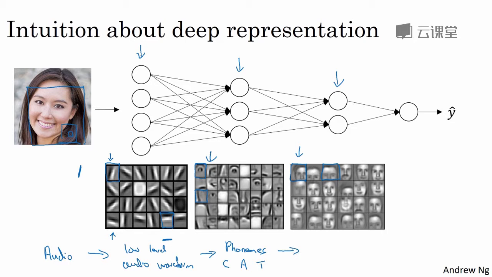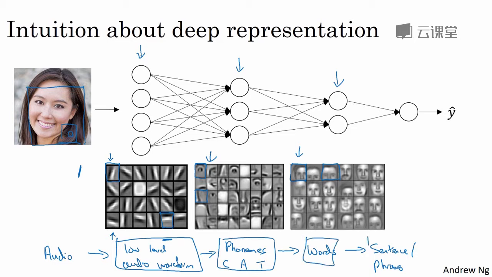And then composing that together, maybe you learn to recognize words in the audio, and then maybe you can compose those together in order to recognize entire phrases or sentences. So a deep neural network with multiple hidden layers might be able to have the earlier layers learn these lower-level, simpler features, and then have the later, deeper layers put together the simpler things that are detected in order to detect more complex things, like recognize specific words or even phrases or sentences that you're uttering in order to carry out speech recognition.